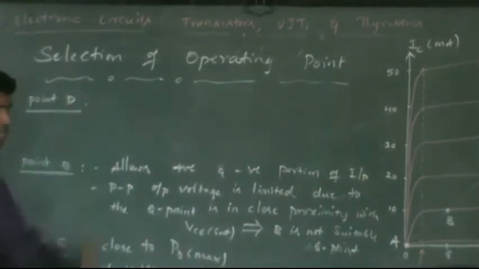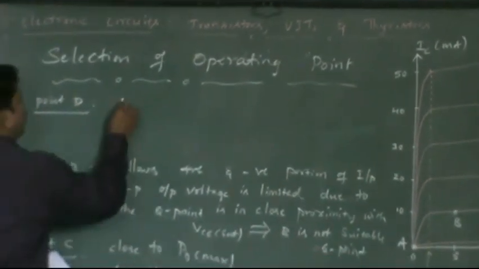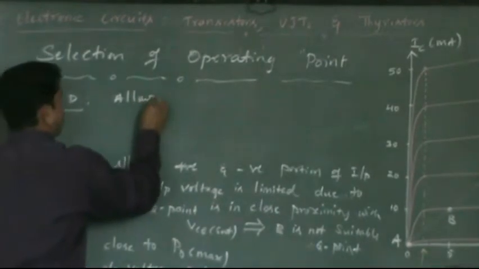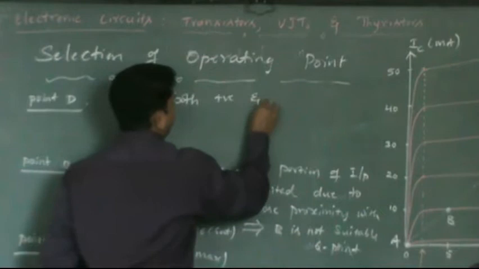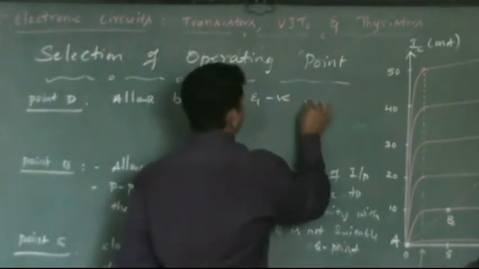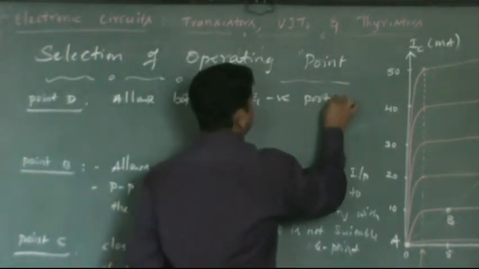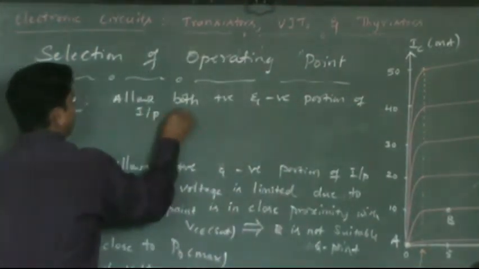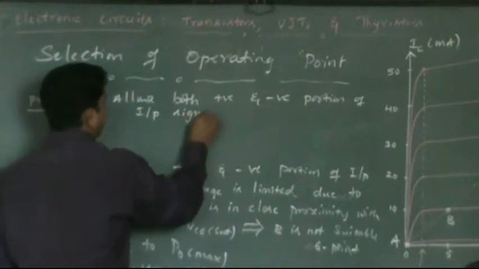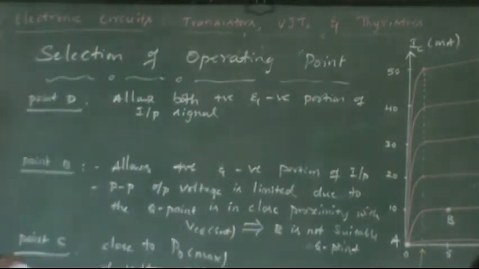Point D, what is the advantage? Same thing, it allows both positive and negative portion of the input signal. That is the first advantage of point D. Anything else?